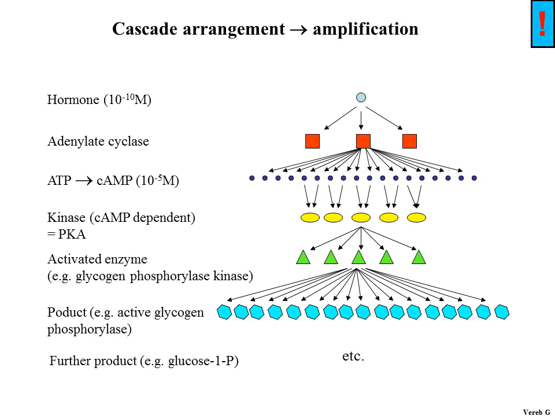So already here we see some amplification, because a hormone-bound receptor can activate maybe a few adenylate cyclase molecules during its lifetime, but each of these few adenylate cyclases will create a lot of cyclic AMP, and each pair of cyclic AMP molecules will release an active catalytic subunit of protein kinase A, which is this yellow thingy-bingy, and each of these catalytic subunits can phosphorylate several other targets.